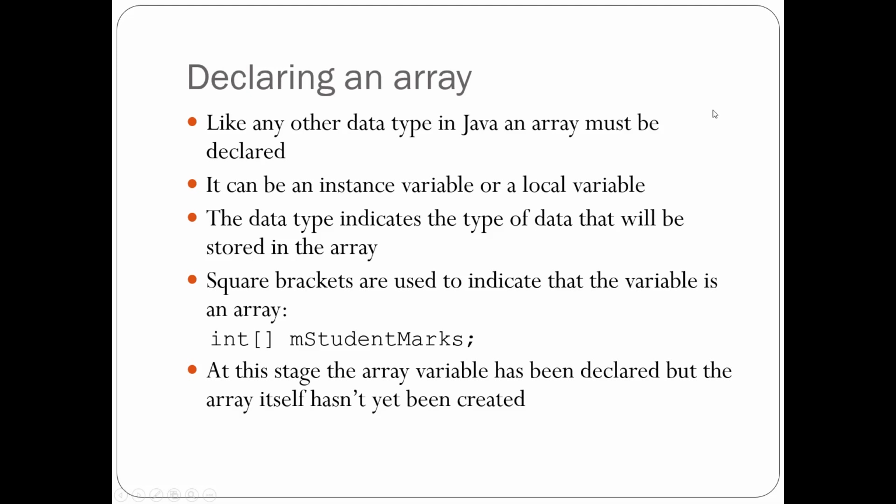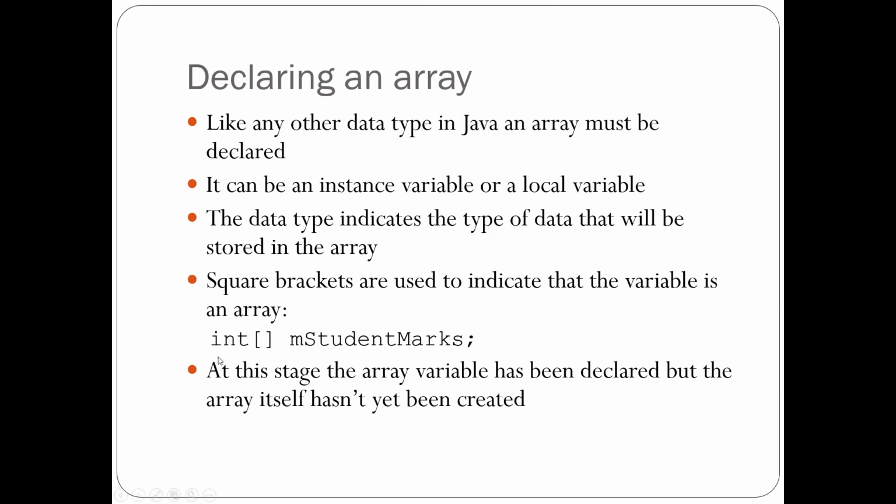Now, declaring arrays in Java can be local or standard instance variables, like we've done with everything else in the past. We need to make sure that we declare them so that we indicate that it's an array, and we have to indicate what data type it's actually storing. So we've got an example here.